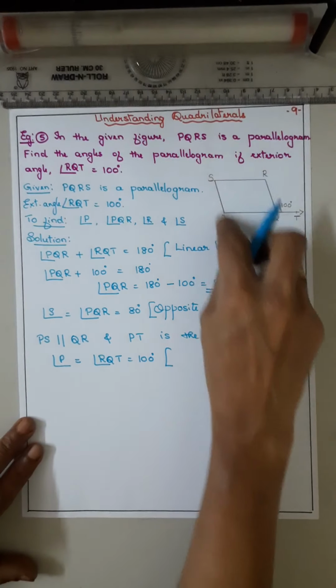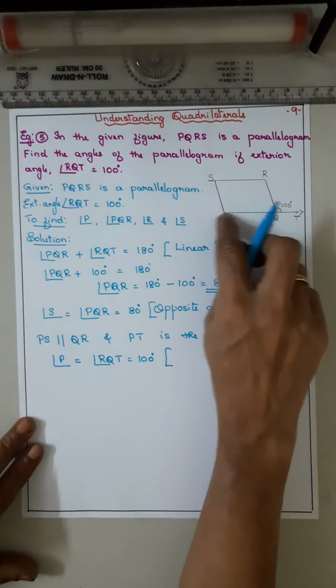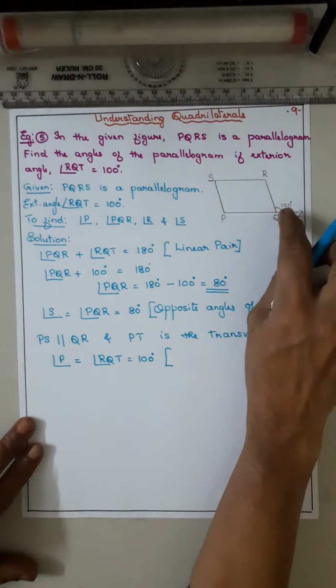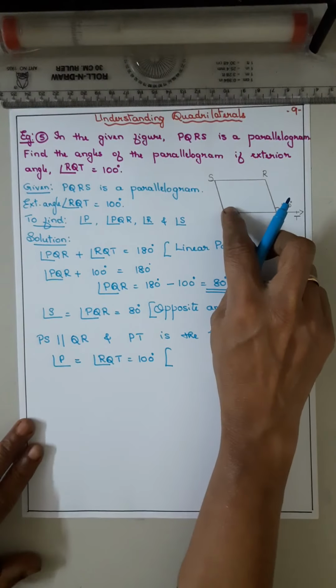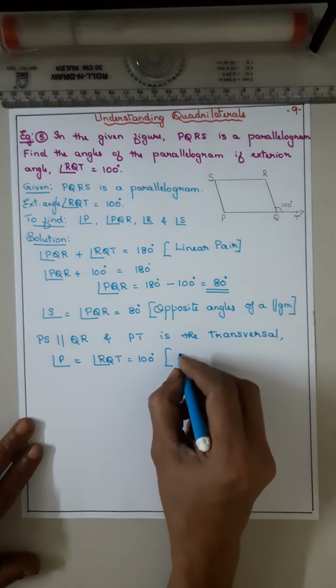Why? These two are parallel and this is the transversal. So it becomes the corresponding angles.